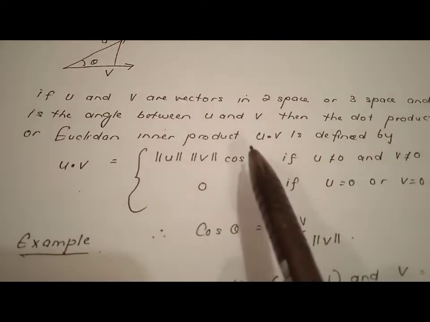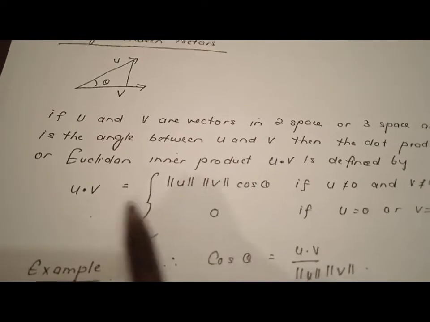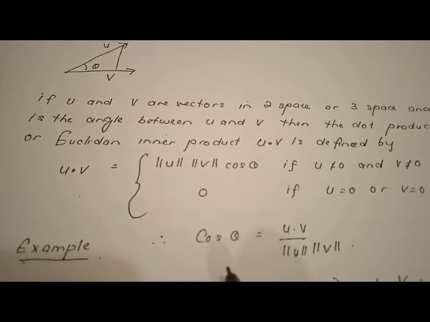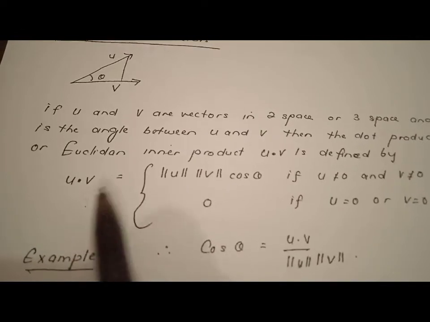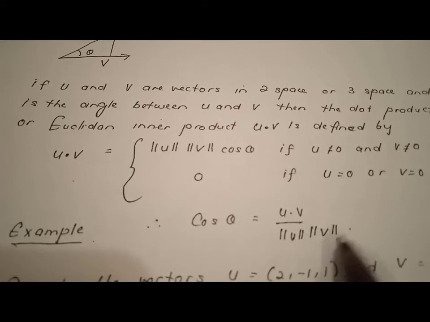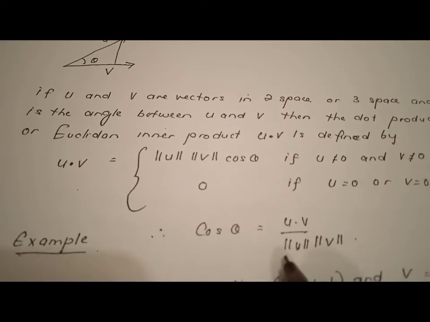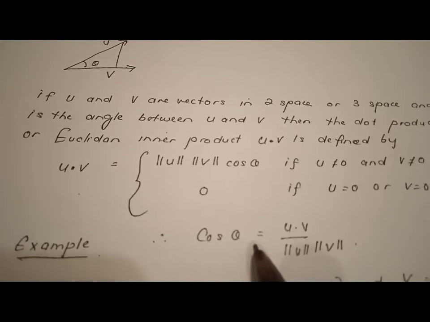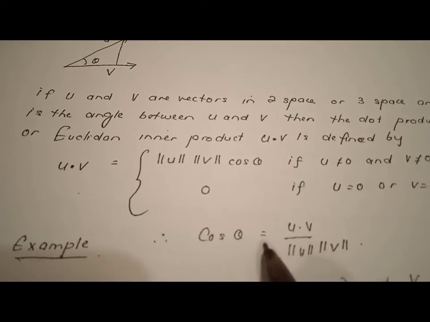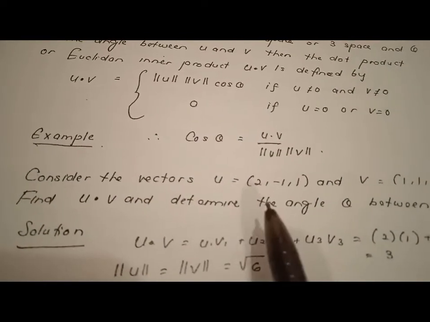Bringing the lengths to the left side, cos theta is u dot v over the length of u times the length of v. So this is the formula if we want to find the angle between two vectors.